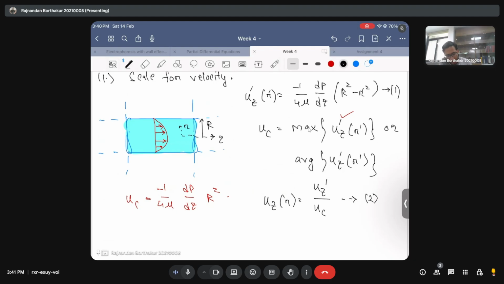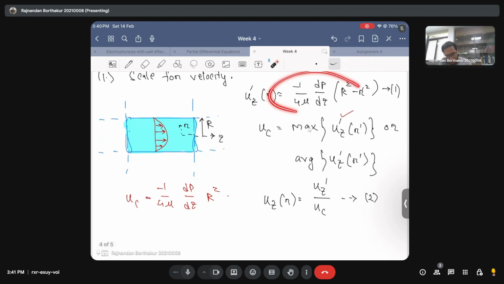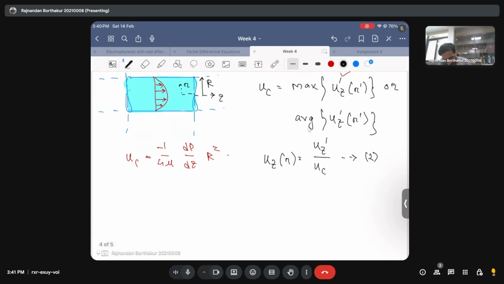If you take equation 1 and take capital R squared common, you will see uz prime is equal to minus 1 by 4 mu dp dz R squared times 1 minus r dash squared by R squared.